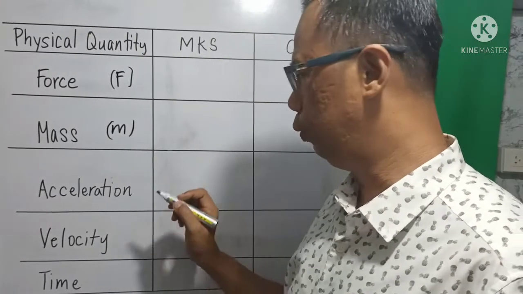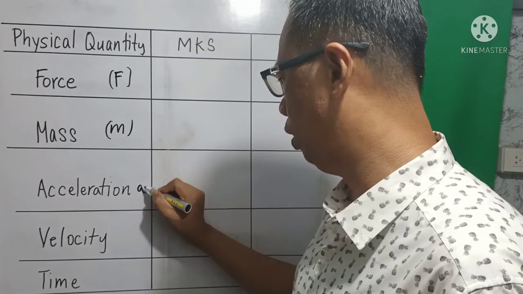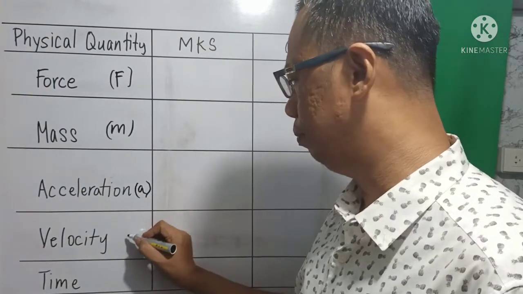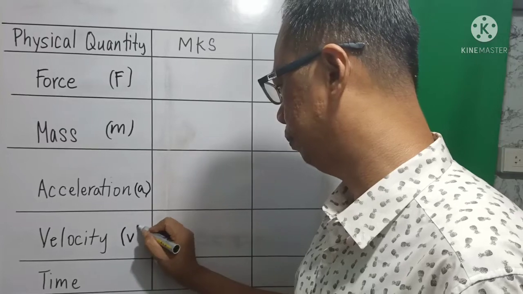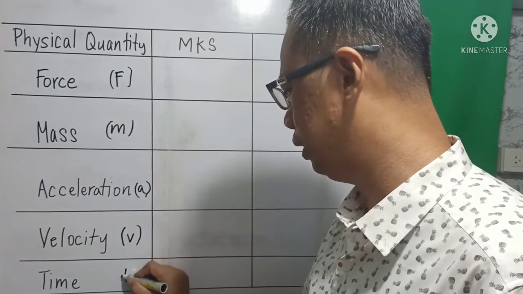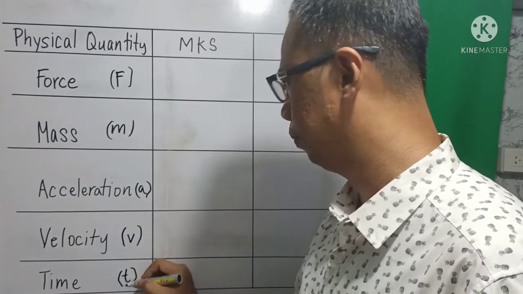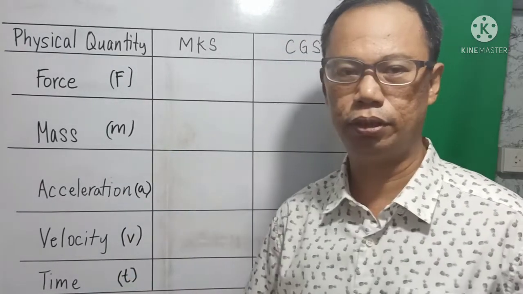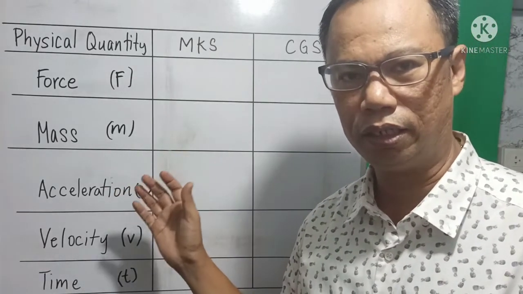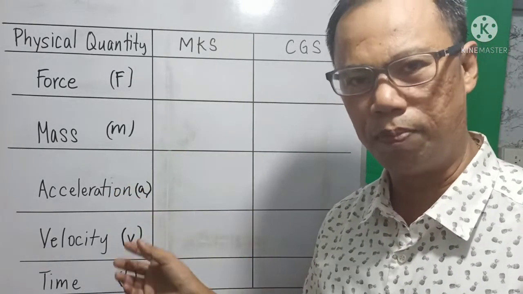For acceleration, we have A, small letter a. And for the velocity, we have small letter v. And for time, we have small letter t. So these are the symbols for the physical quantities that are present in Newton's second law of motion.